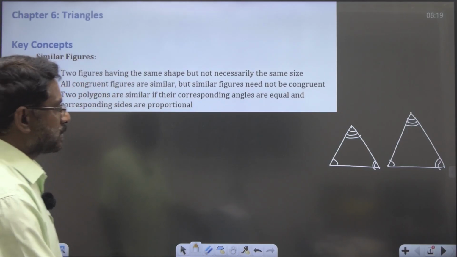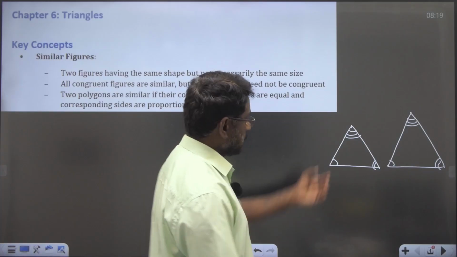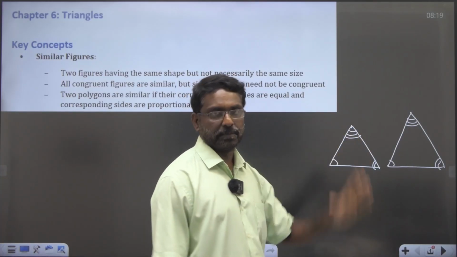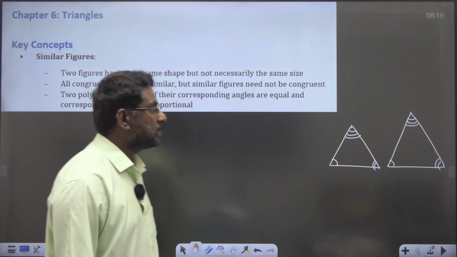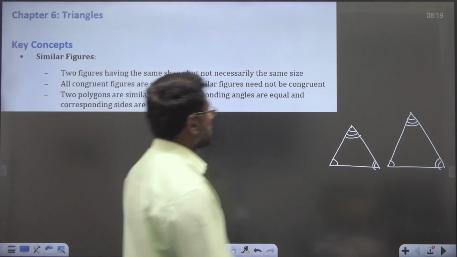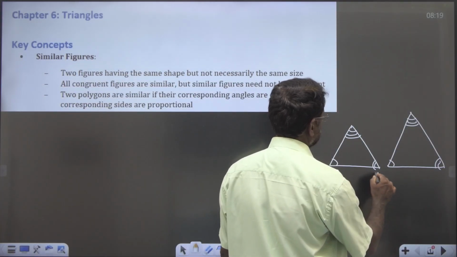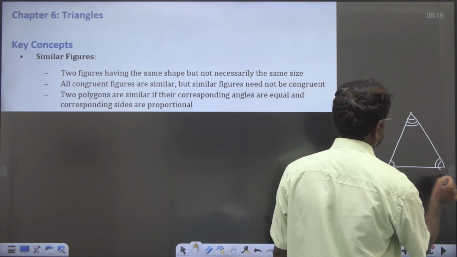In similar triangles, the angles are the same, but the sides are proportionate. For example, this is ABC and this is, suppose, PQR.